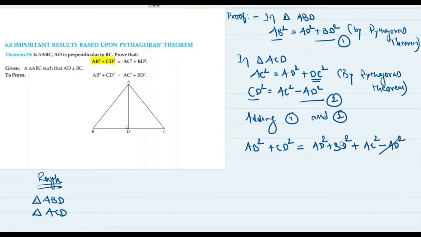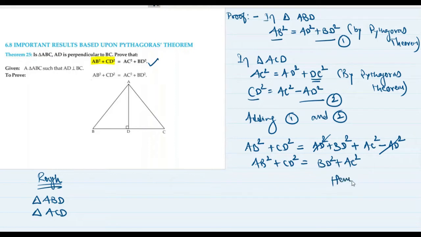So minus AD square plus AD square will cut and we get AB square plus CD square is equal to BD square plus AC square. Okay, so this is what we had to prove if you look over here.